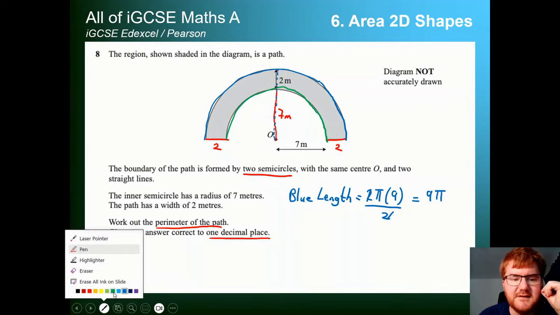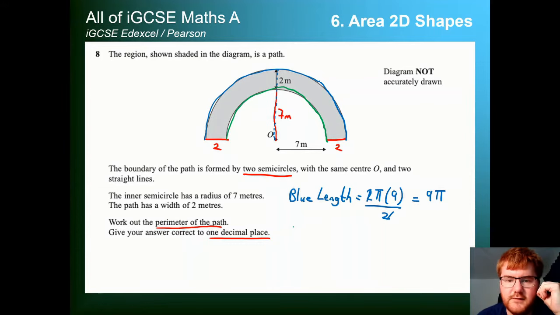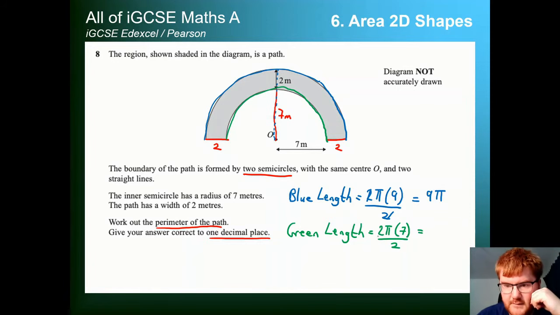Now we can do something very similar with the green length here. Notice I'm leaving it in terms of pi. I don't feel any need to rush to my calculator. Again, this is going to be similar here, so we've got 2 pi r, so 2 pi times 7 this time, divided by 2. Again, these cancel, giving us 7 pi.